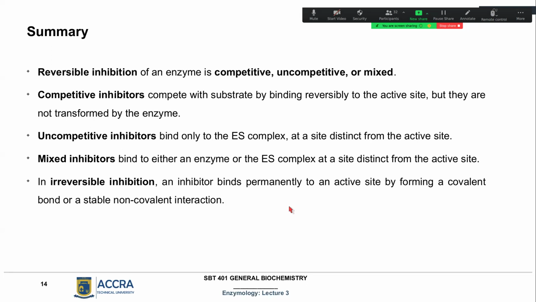We also looked at irreversible inhibition, and some specific examples of it in terms of pharmacotherapy, and even in terms of pest control.